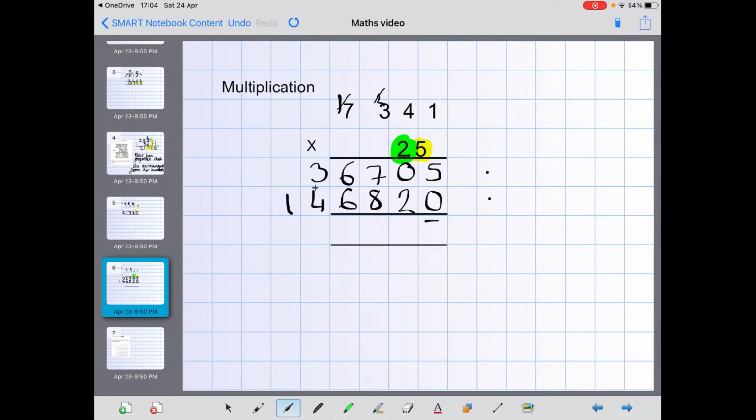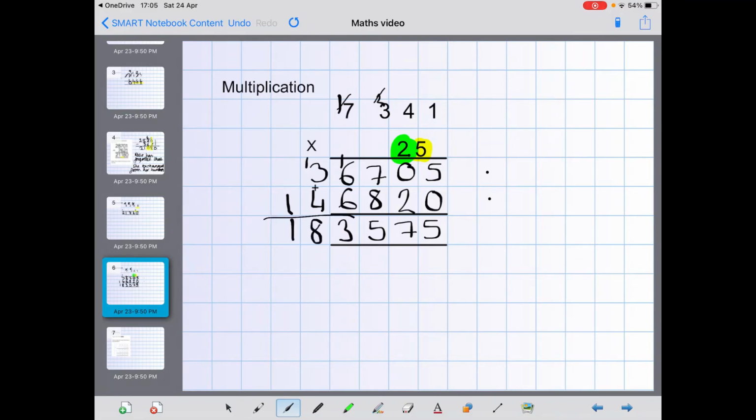We now need to add these two numbers together. So 5 add 0 is 5. 0 add 2 is 7. 7 add 8 is 15. Carry our 1. 6 add 6 is 12. Add 1, 13. 4 add carry your 1. 3 add 4 is 7. Add your 1, 8.